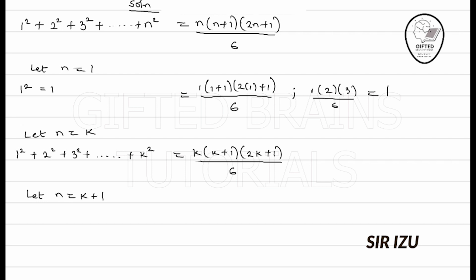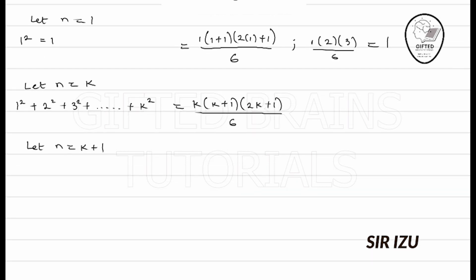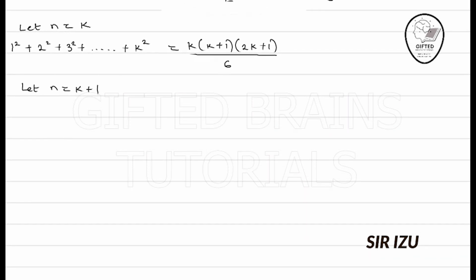Step 3 says let n be equal to k plus 1. So obviously, what we should have is 1 squared plus 2 squared plus 3 squared, on and on, plus k squared, and then finally, we're not looking at k squared, we're looking at k plus 1 squared. On the right hand side, anywhere we have n, substitute k plus 1 into it.